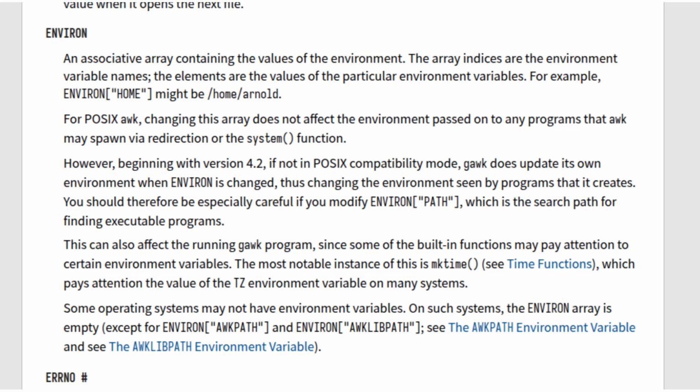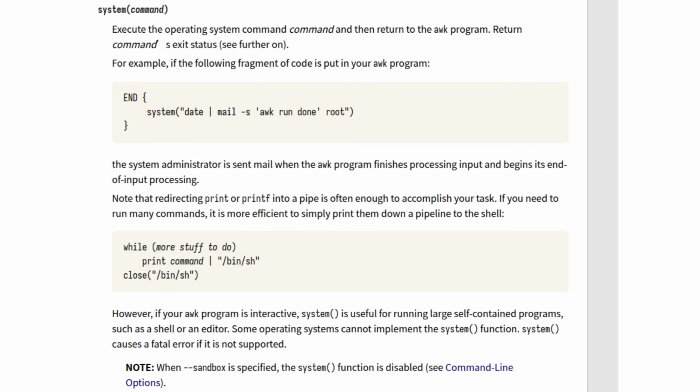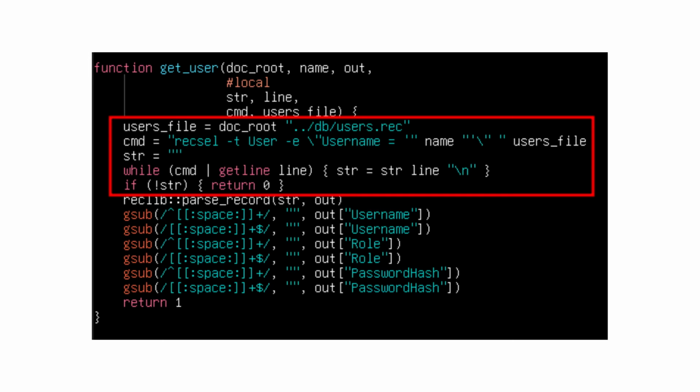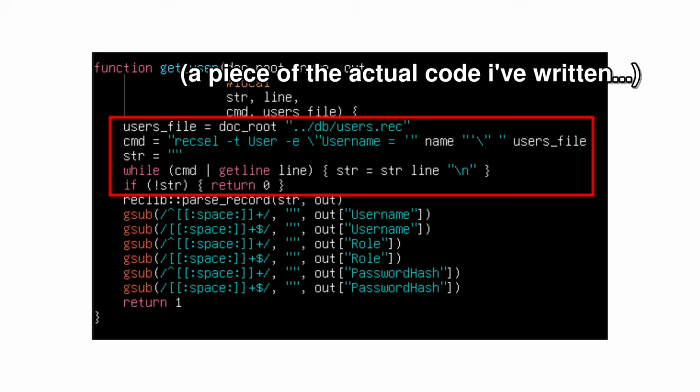GNU AWK provides a special variable that you can use to access the environment variables. Other than that, GNU AWK also supports executing commands and sending and/or receiving data from that executed process. This means that we can call the recutils CLI tools from within AWK and manage the database that way.